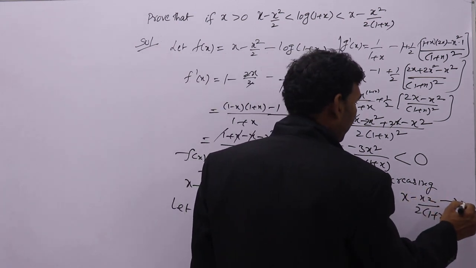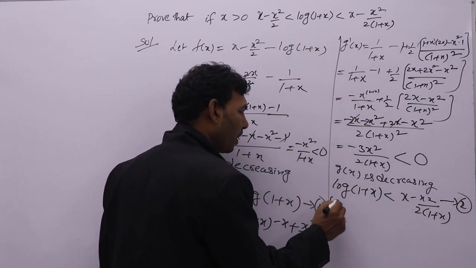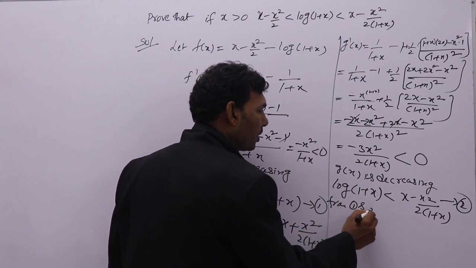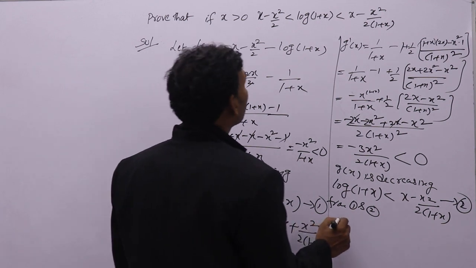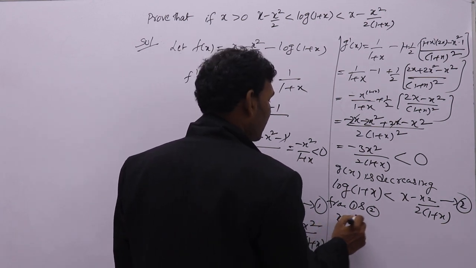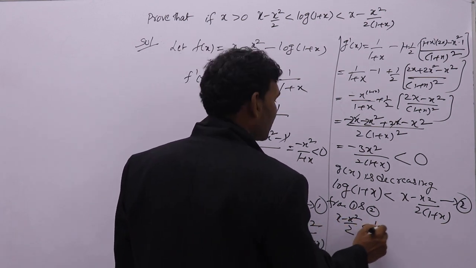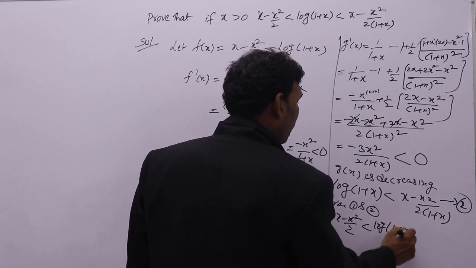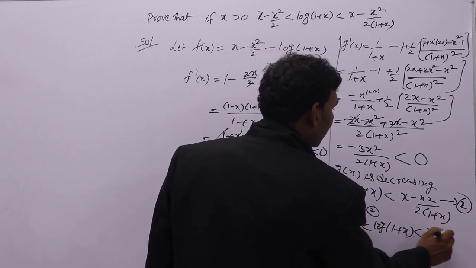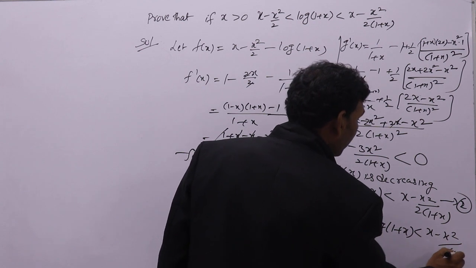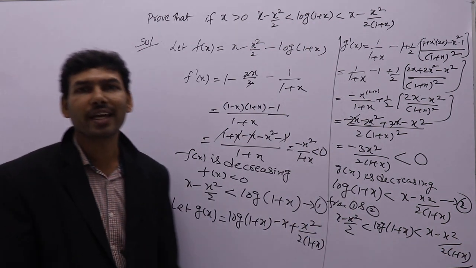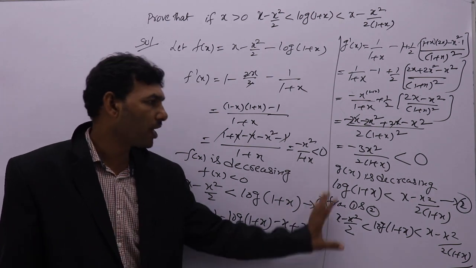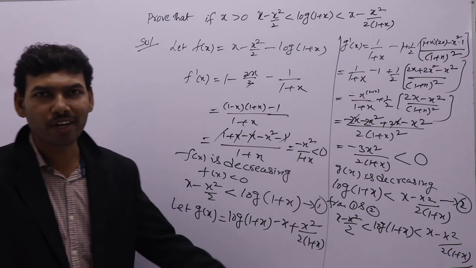So if you combine the first one and second one, what will you get? x minus x squared by 2 is less than log 1 plus x is less than x minus x squared by 2 into 1 plus x. That's what we need to prove, using Lagrange's mean value theorem. Are you clear? Any doubts here? This is a different way to prove.